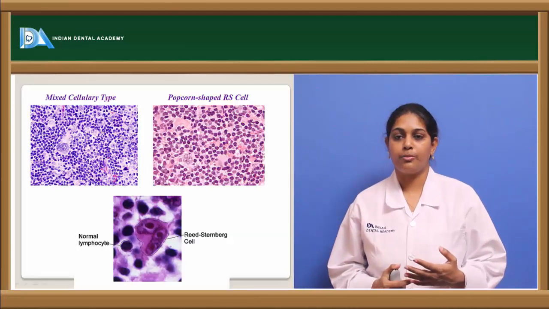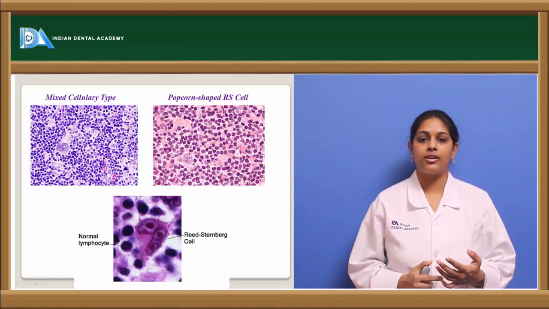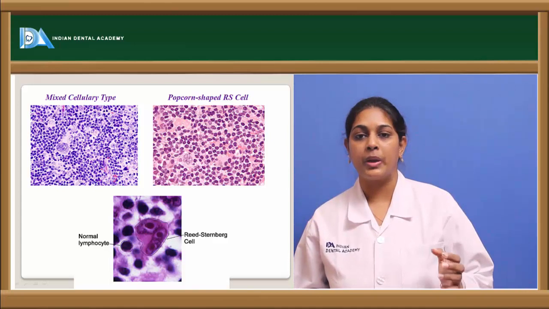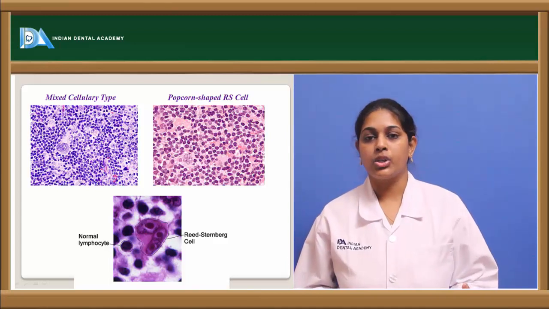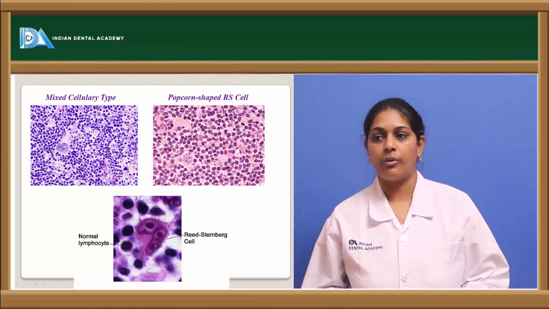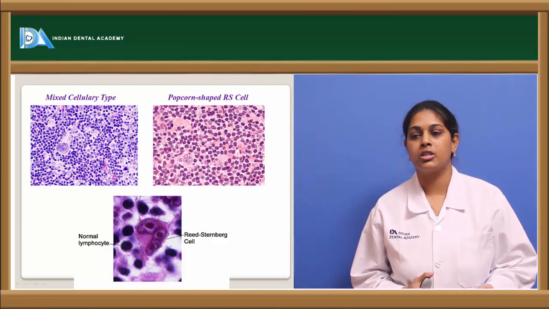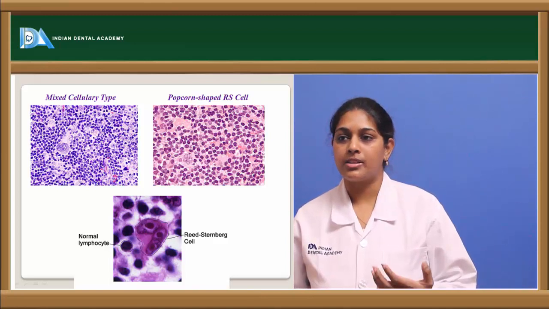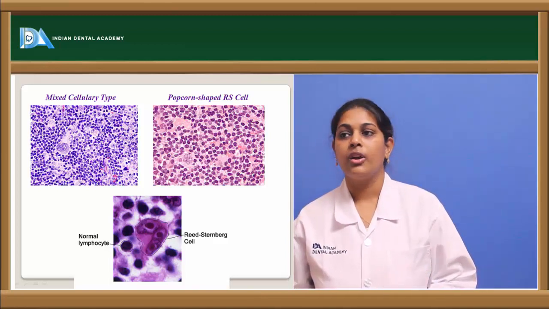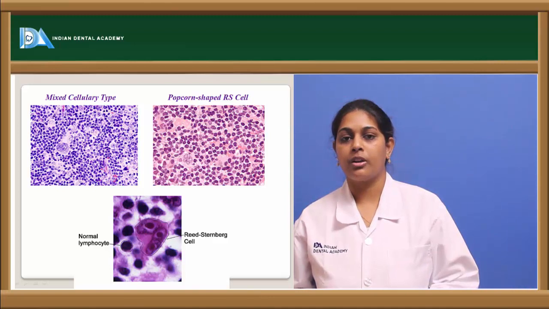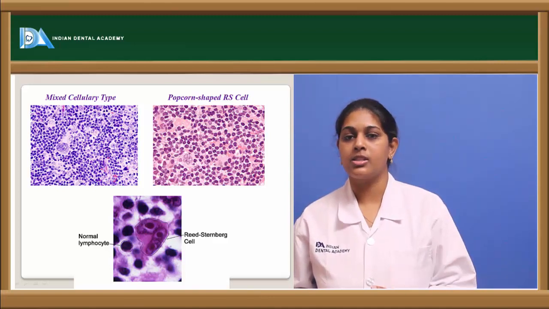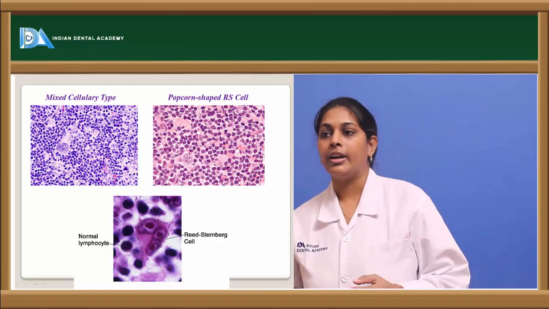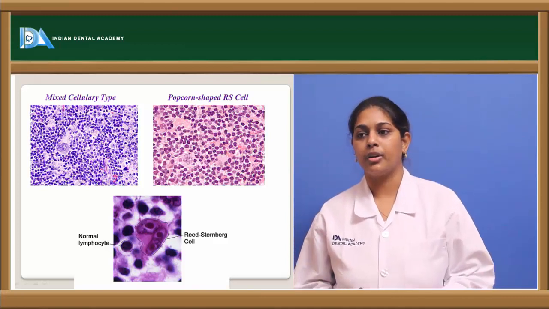Coming to the histopathological pictures, the first picture shows the mixed cellularity type. That is, a mixed population of cells. The lymph node architecture is completely replaced, and it shows numerous varied cell populations, which could be histiocytes, plasma cells, and lymphocytes, and there is also the presence of Reed-Sternberg cells. Next, the popcorn-shaped Reed-Sternberg cell can be seen in the second picture, placed towards the left side, and it appears popcorn-like in appearance.